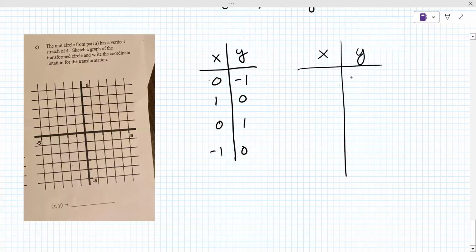So the y values get multiplied by 4. So the unit circle has a vertical stretch of 4, so all of it is going to get multiplied by 4. It'll give a pretty wild looking circle.